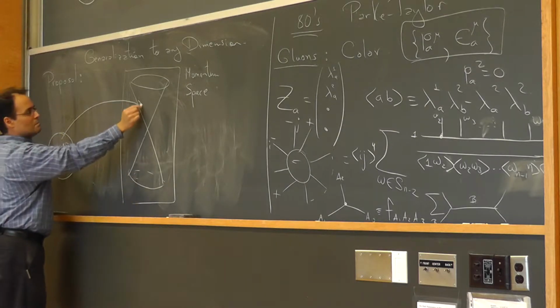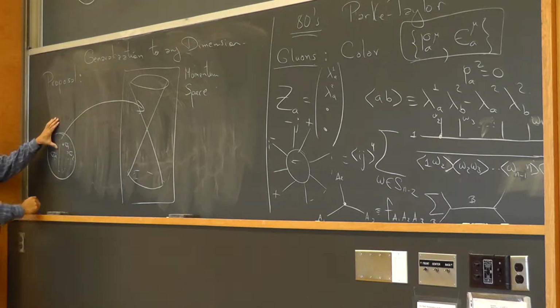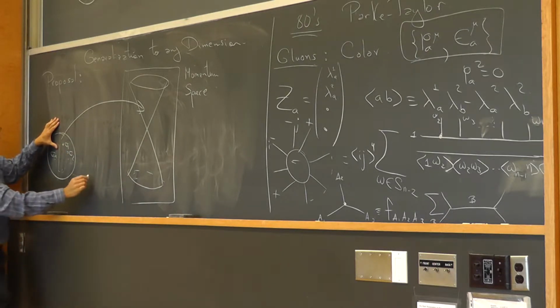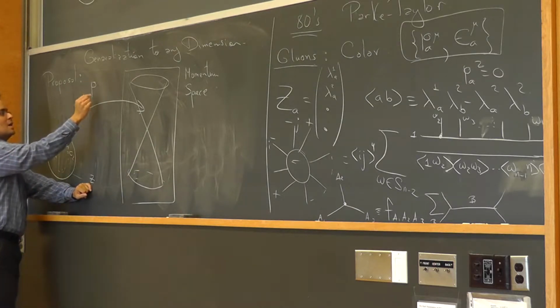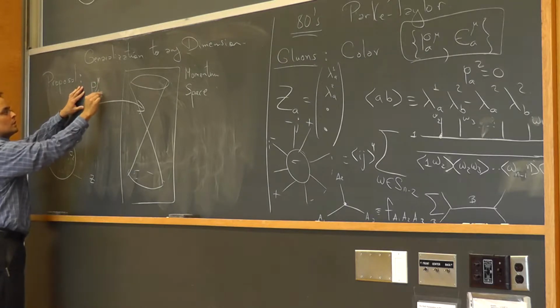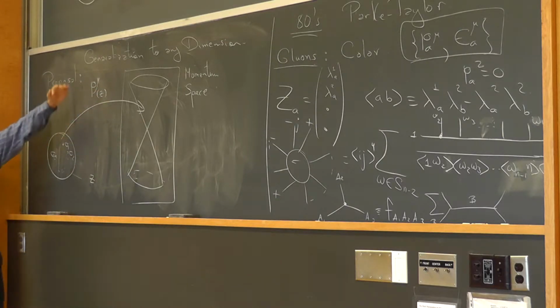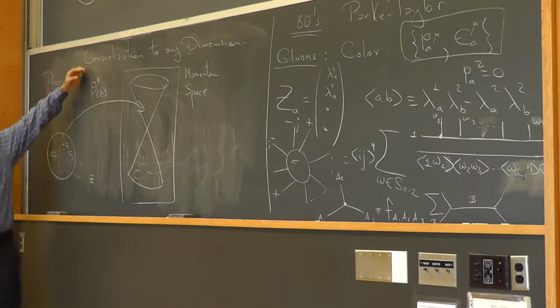So I want to find a map from the sphere. Imagine that I call z an inhomogeneous coordinate on the sphere. So I take a map, a collection of polynomials in z of some degree. I haven't told you what the degree is. How many of them?